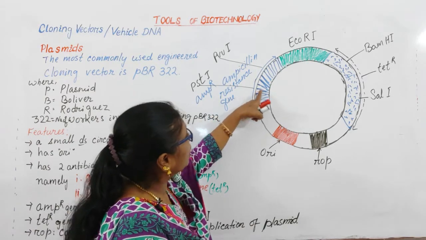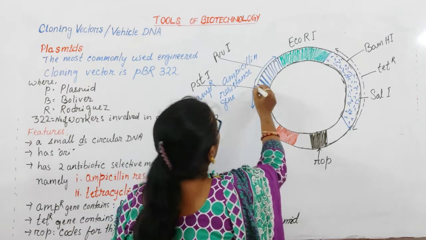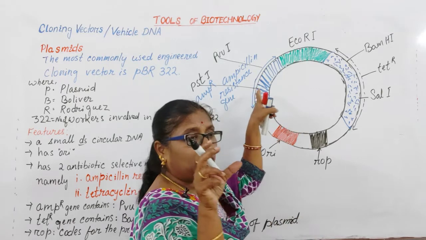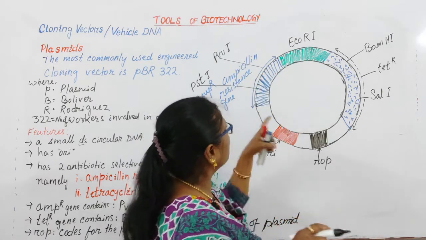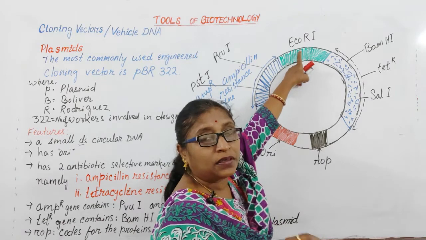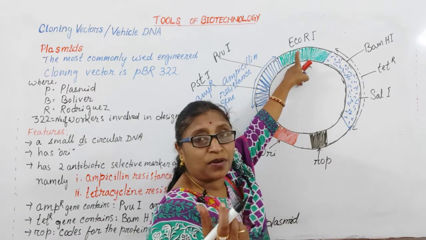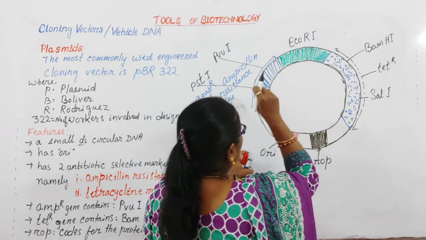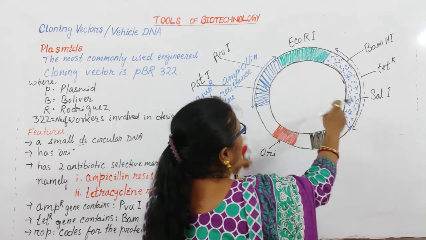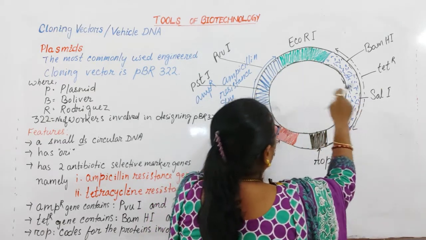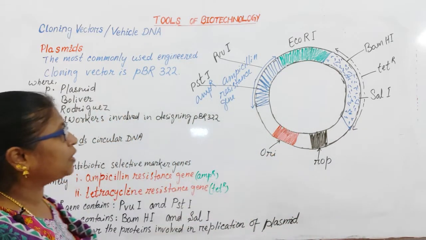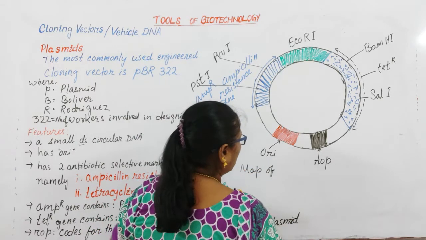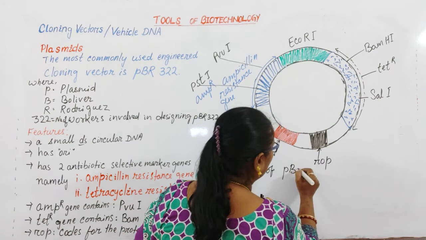This is the point where the PstI restriction enzyme can be used to cleave, and we can insert the desired gene, or PvuI here, or EcoRI here. Generally, the desired gene is inserted within the antibiotic resistance gene. Okay, this is the origin of replication. This is the map of pBR322.